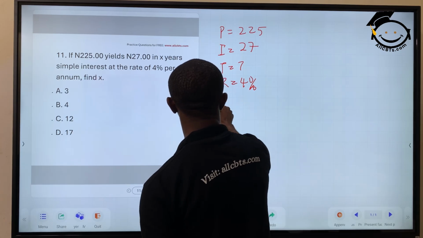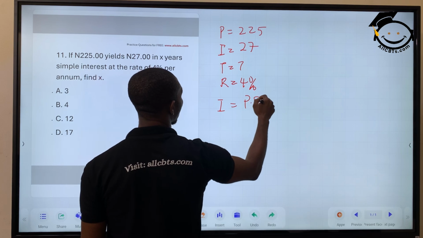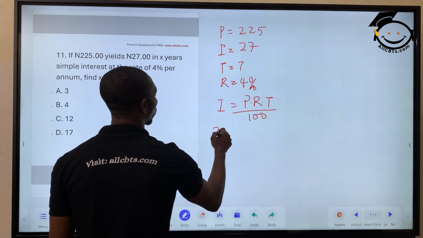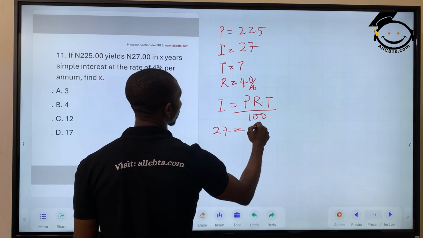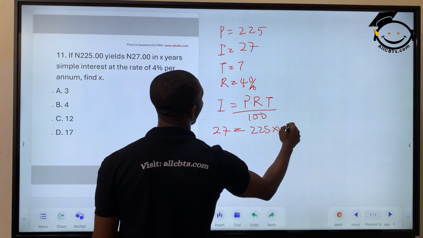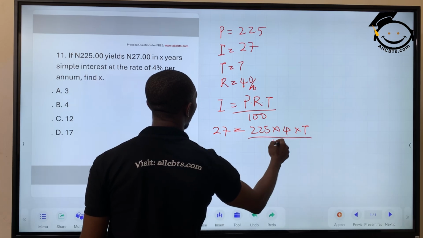So we know that interest equals principal times rate times time all over 100. So this will be 27 equals 225 times rate, which is 4, times t all over 100.